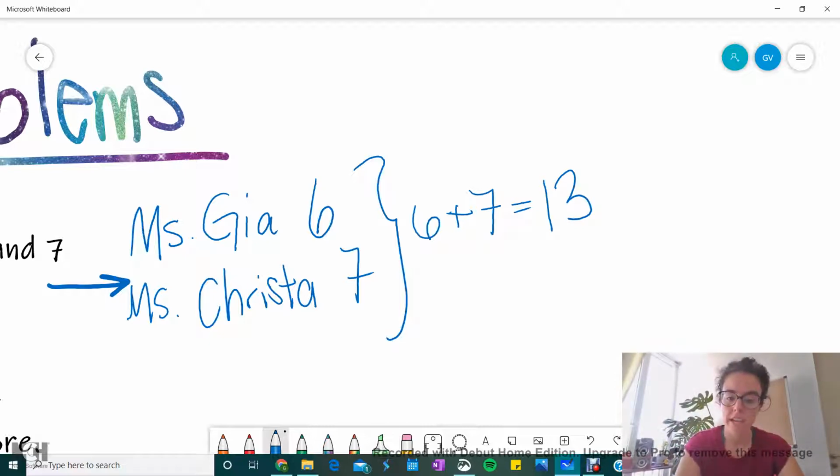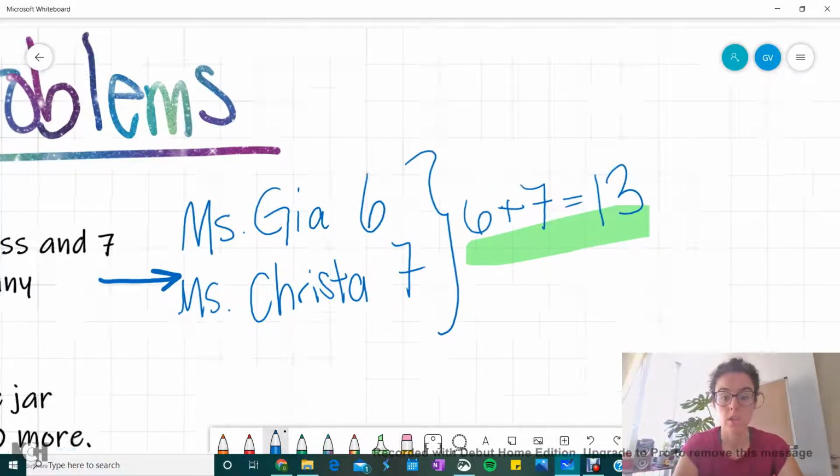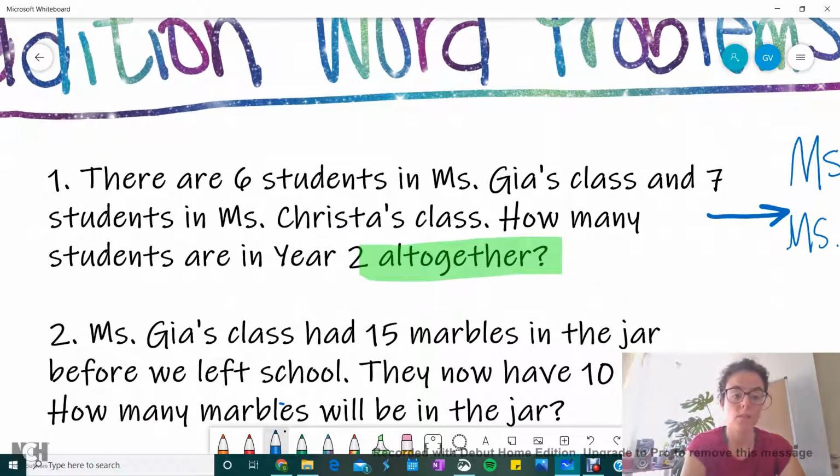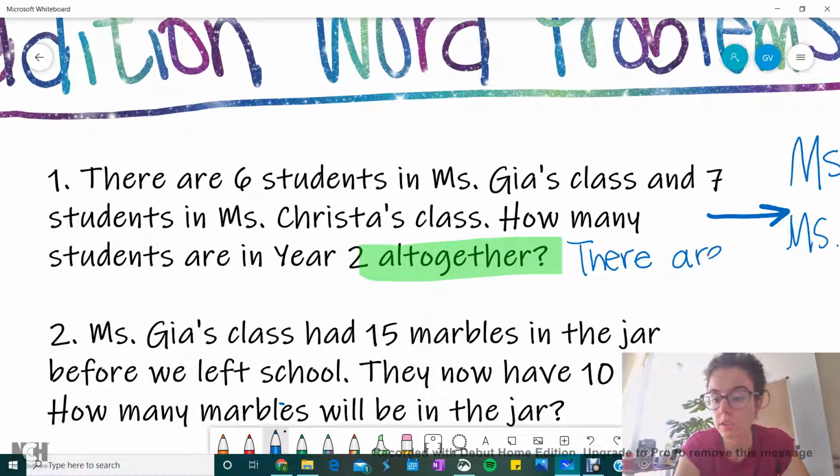But we are not done. We have, yes, it's true, we have our number sentence, but we also have to make a regular sentence because this is a word problem. So we go back. How many students are in year 2 all together? We have to write our answer with words. So we say, there are 13 students.